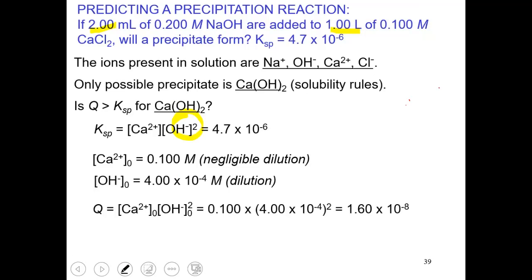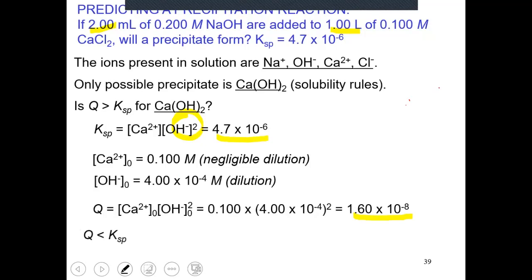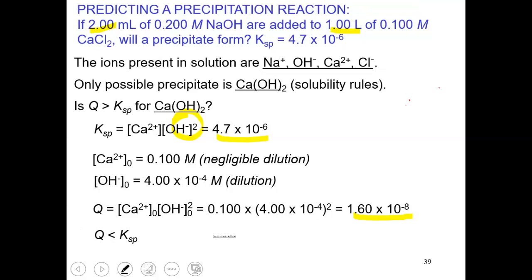So KSP is 4.7 times 10 to the negative 6. Ion product is 1.6 times 10 to the negative 8. In other words, the ion product is less than KSP, which means this is going to be an unsaturated solution, and therefore no precipitate will form.